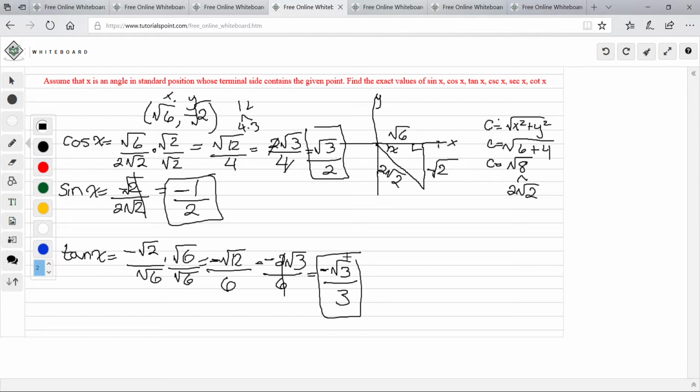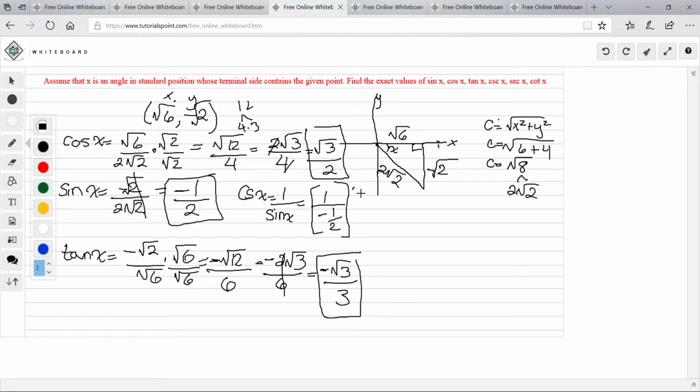Good. Let's do cosecant. Cosecant alpha is the same thing as 1 over sine of alpha. We know that sine is negative 1/2. So it's 1 divided by negative 1/2. I'm going to do my brackets.